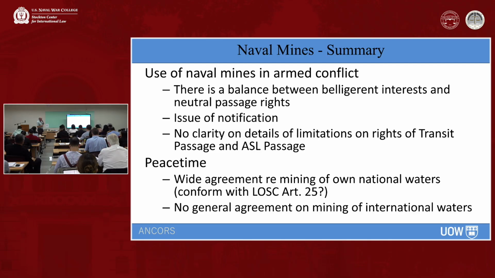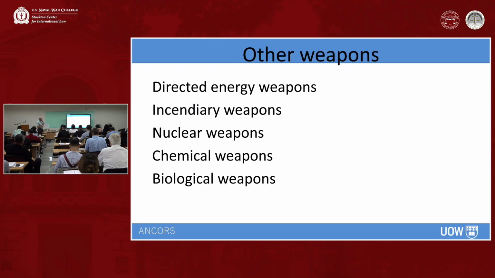And then, finally, in terms of weapons, in the Newport Manual, we deal very briefly with a range of other types of weapons that we're seeing deployed on naval platforms.